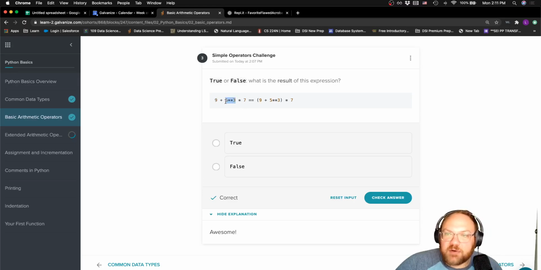The first thing I'm going to take care of is my exponent, and then I'm going to do my multiplication, right? On this side over here, the first thing I'm going to do is inside of my parentheses, take care of the exponent, and then the addition before my multiplication. So these are not going to be the same value on either side, and we can say that this is going to be false, and C, that is the correct answer.